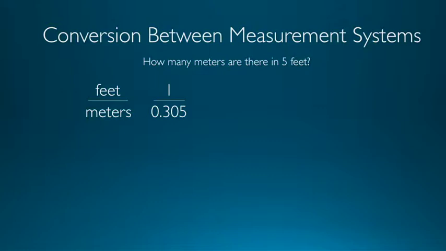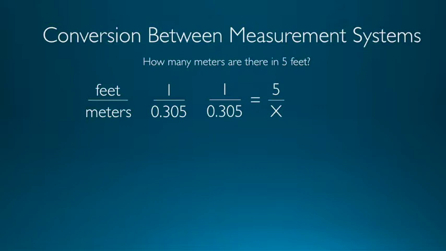So I'm going to set up a proportion: 1 to 0.305 equals 5 to x. X is our unknown. So 1 foot equals 0.305 meters.